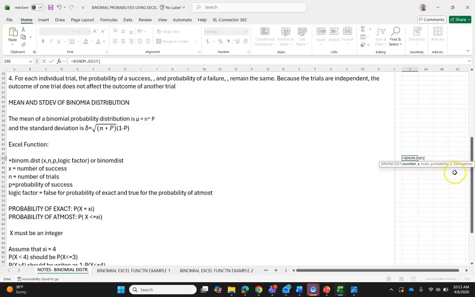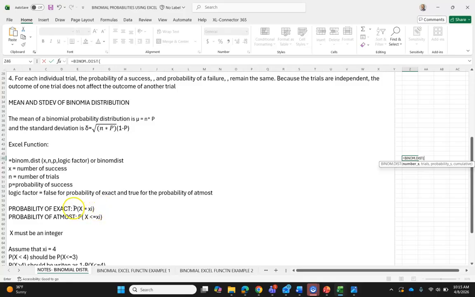And the logic factor looks at the kind of cumulative that you have. So that's what I want to discuss. The logic factor will be either false or true. False is for the probability of exact, and true is for the probability of at most. So what do we mean by probability of exact?